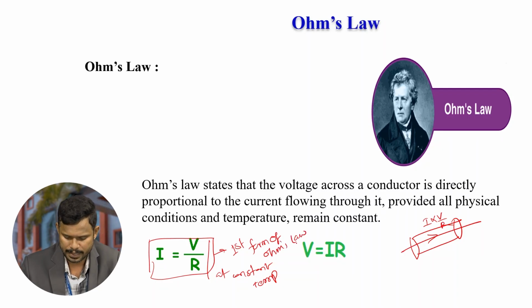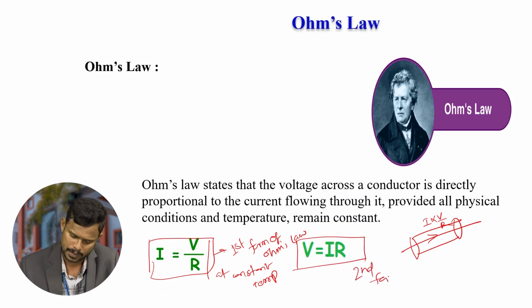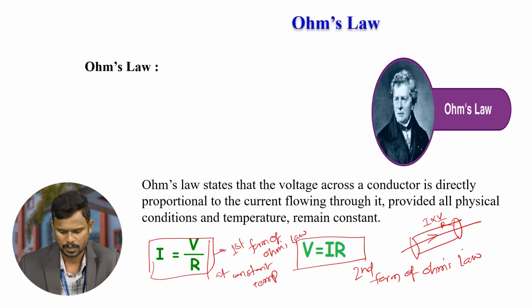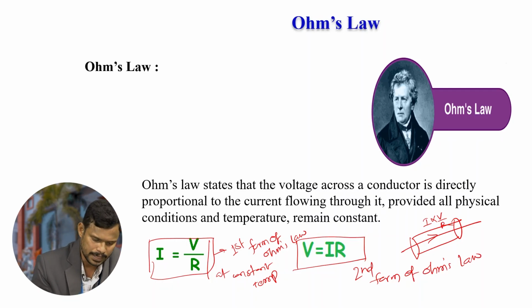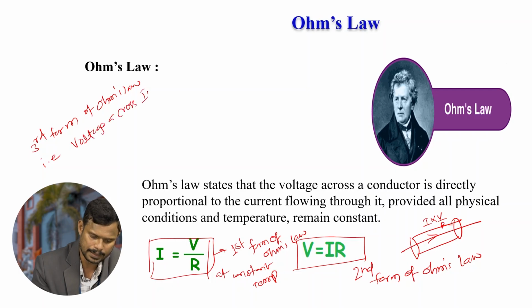In other way, the second form of Ohm's law is V equal to IR. This is called the second form of Ohm's law. And the third form of Ohm's law is the voltage across the inductor formula.